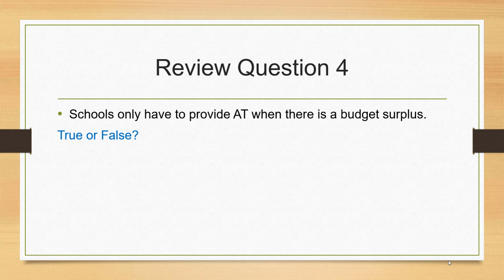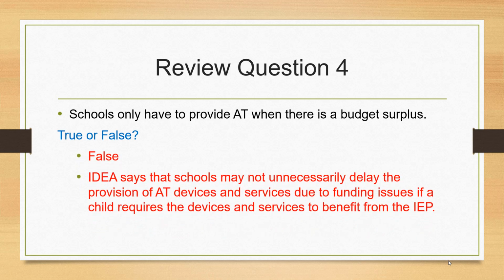Schools only have to provide AT when there is a budget surplus. True or false? This is false. IDEA says that schools may not unnecessarily delay the provision of AT devices and services due to funding issues if a child requires the devices and services to benefit from the IEP.